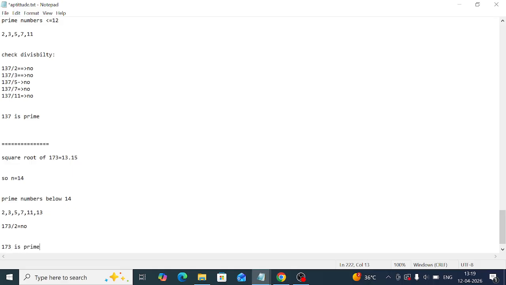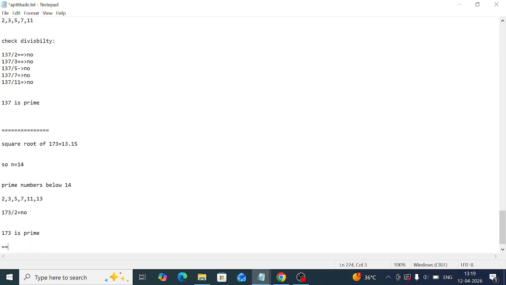If the remainder is 0, then it is not a prime number.